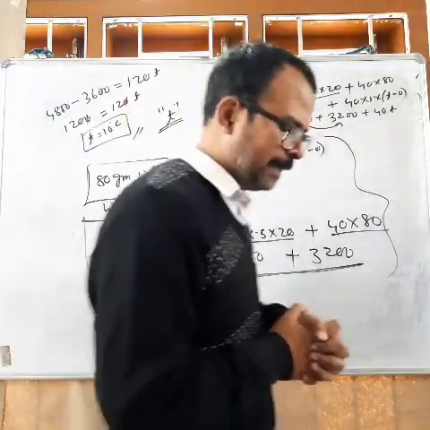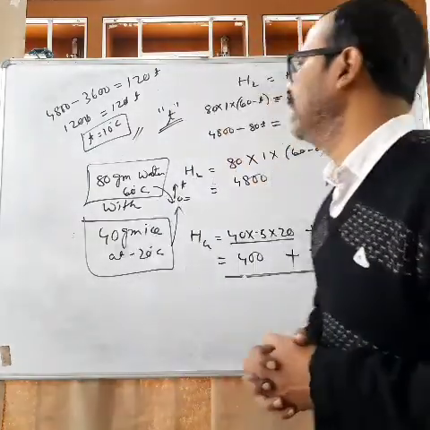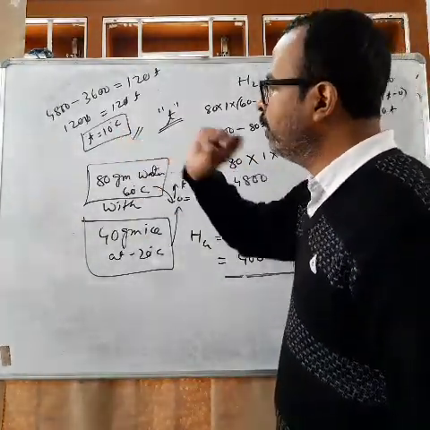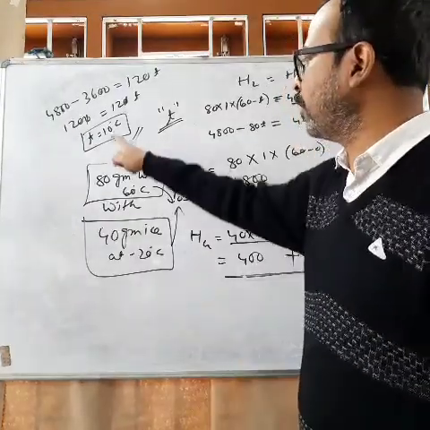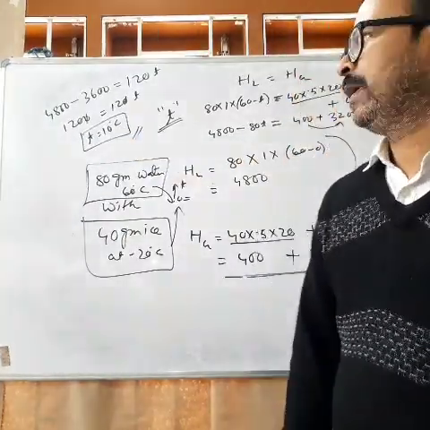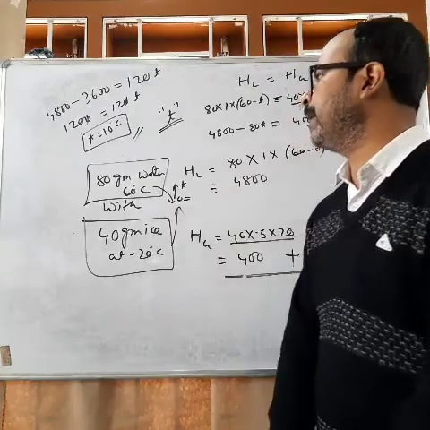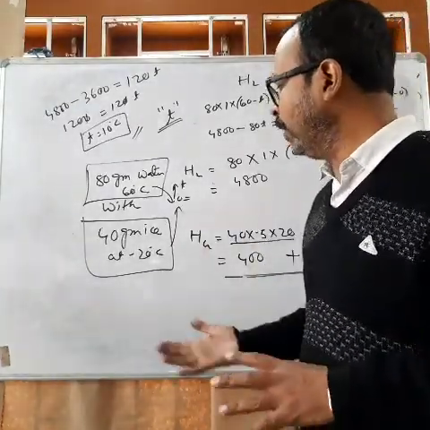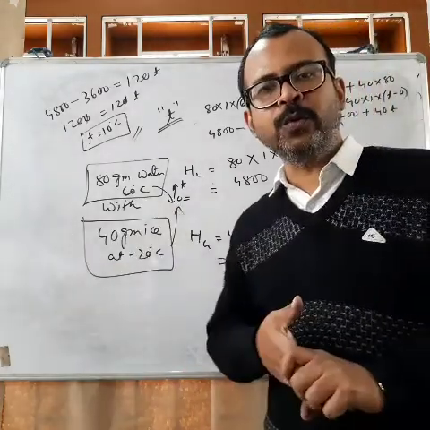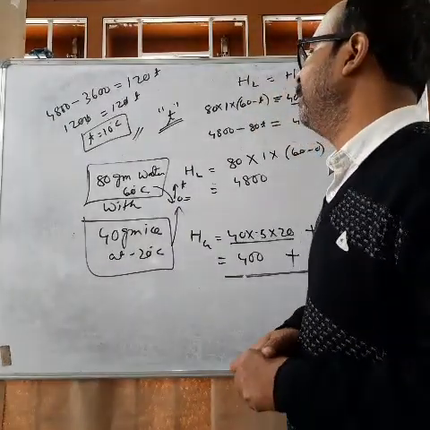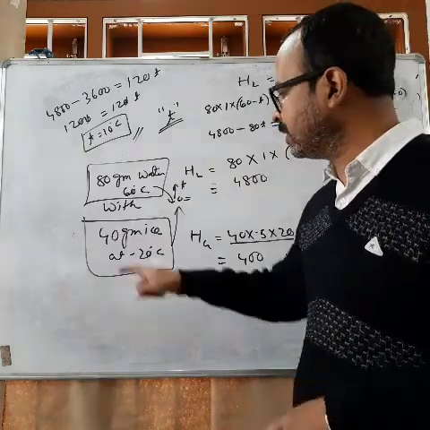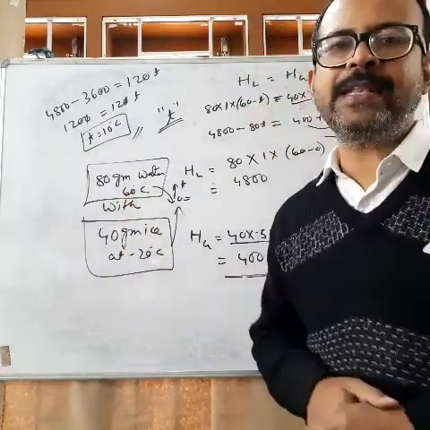In this case, temperature of the mixer will be 10 degrees C, and the mixer carries only water because all ice gets converted to water, and the mixer carries only water of total mass 120 gram, 80 plus 40.